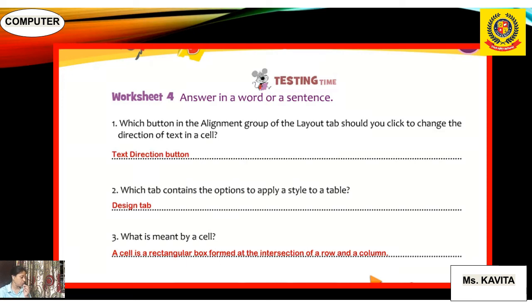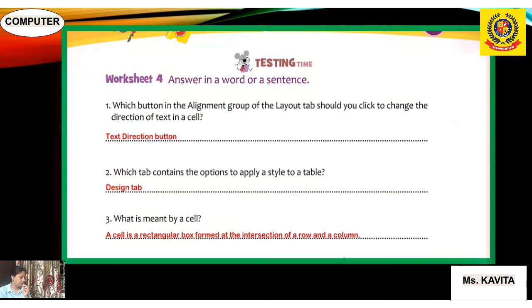Answer is true. A 5 into 6 table means it has 5 rows and 6 columns. It is false. Next, once a table is inserted, it cannot be moved or resized. It is false. Next one is true.